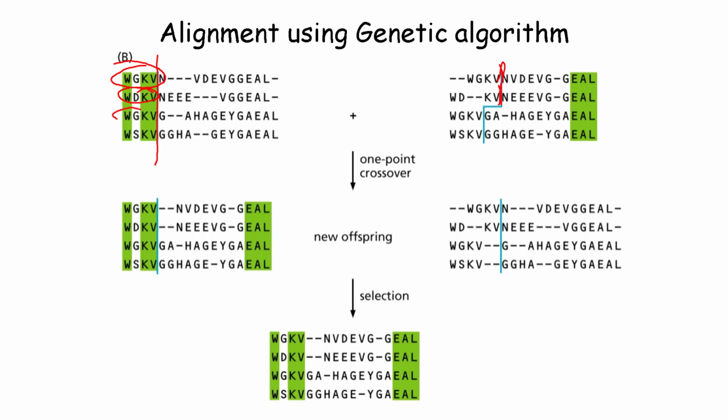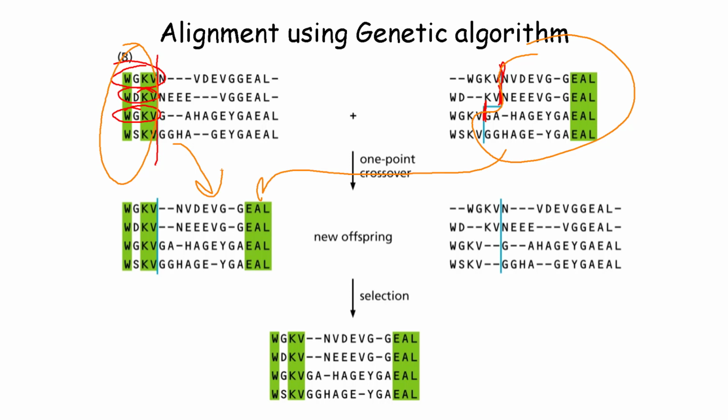We have cut the third sequence at WGKV, and here is WGKV in the second parent, and so on. We then take the first part of the first parent and the second part of the second parent and stitch them together to form the first offspring. The second parent will most likely not have a straight cut, so we would need to add gaps to fill in.